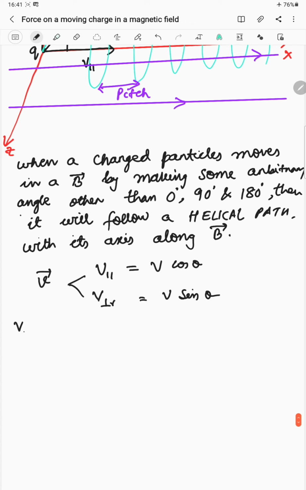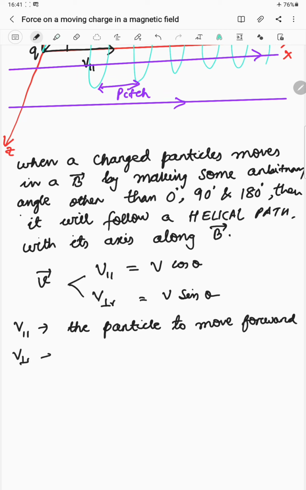This v parallel helps the particle to move forward. And what does the v perpendicular component do? It helps the particle to move in a circular path. Okay, this one you should keep in mind. So this must be clear to you.